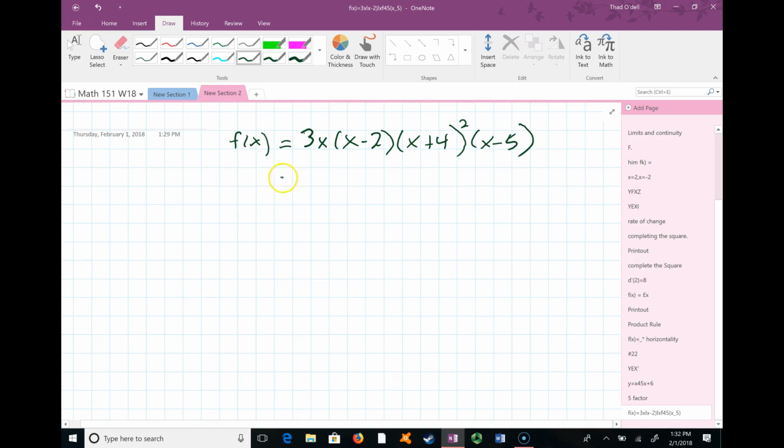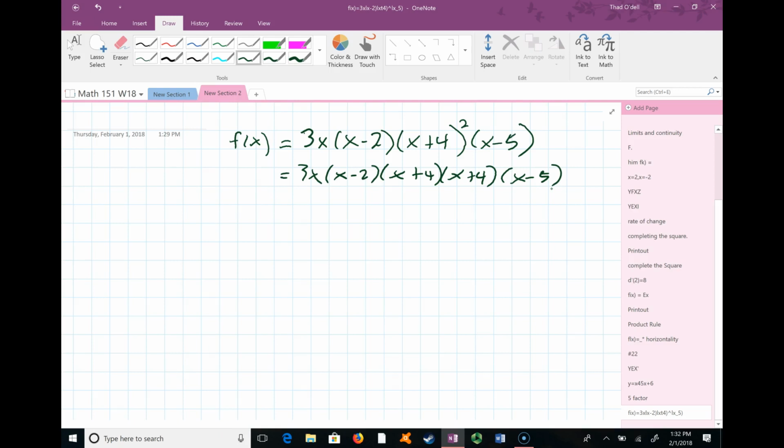means you could write this as 3x times x minus 2 times x plus 4 times x plus 4 times x minus 5. That's another way to write that, obviously. But the important thing to notice here is that it doesn't produce two different roots.